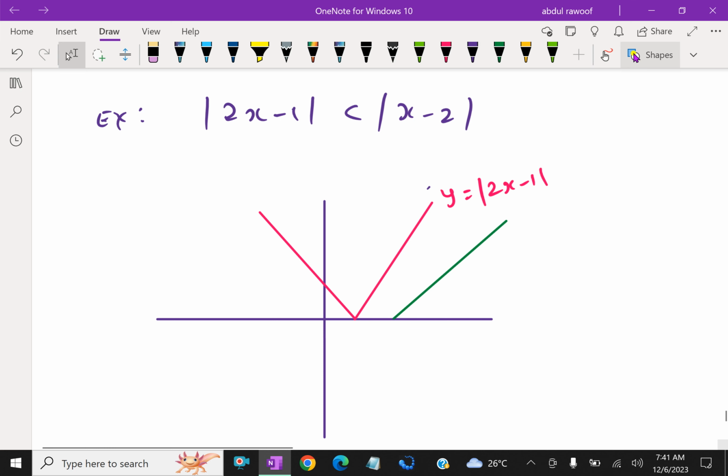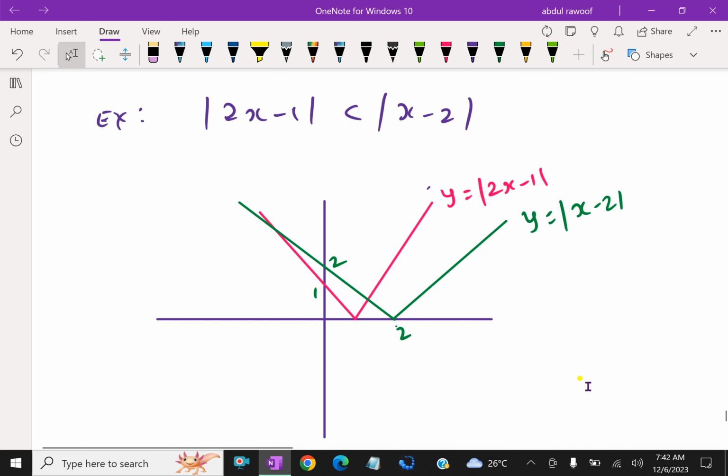Here x equal to 1, y equal to 2. Now, this is y equal to absolute value of x minus 2.